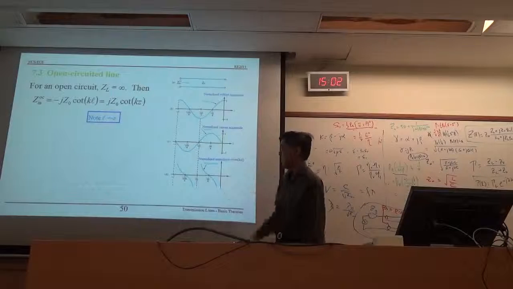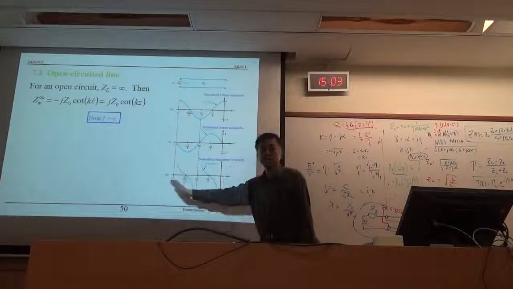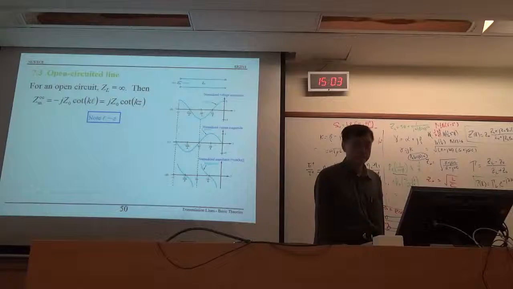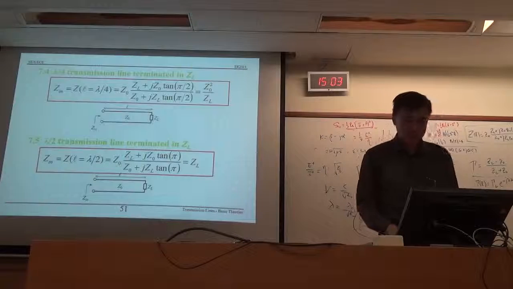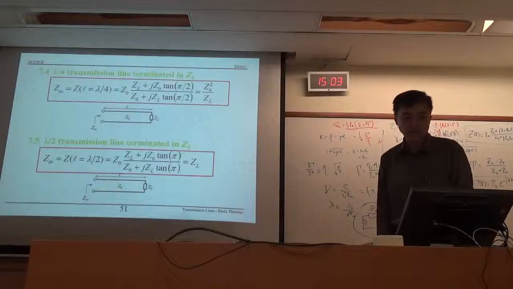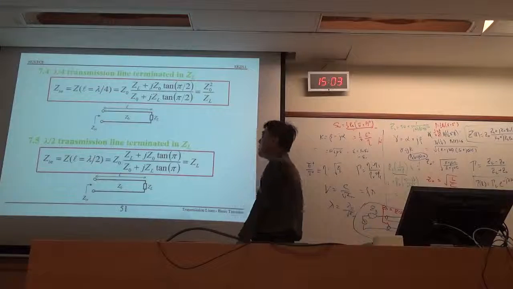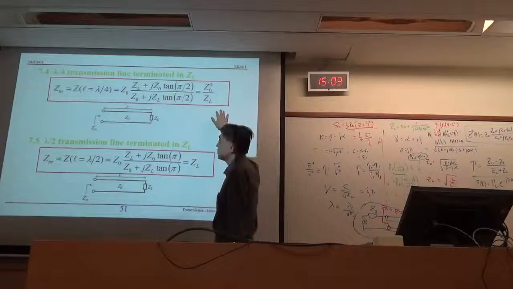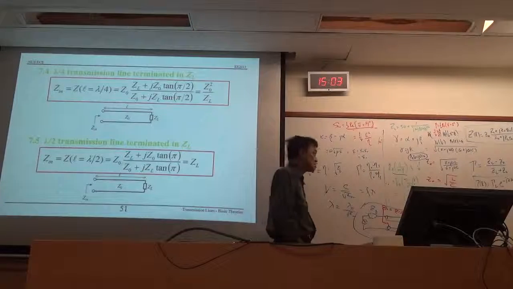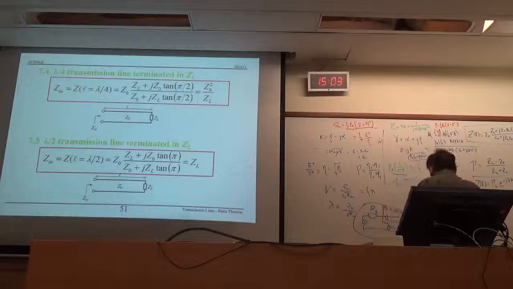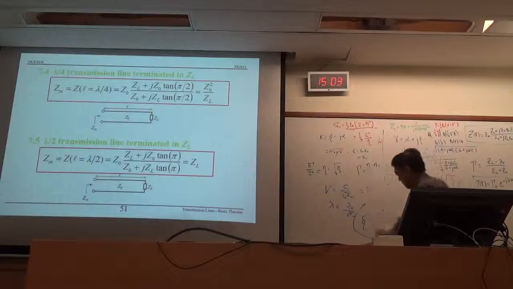That's the only difference. The impedance is just shifted. For a transmission line, when L equals lambda by 4, this is also a very significant result.